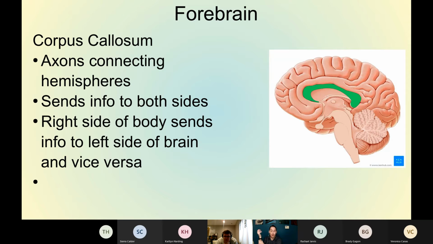If I pinch my right arm, this is my right arm, the left somatosensory cortex is what's getting that message. So most of what you're doing is crossing to the other side of the brain.